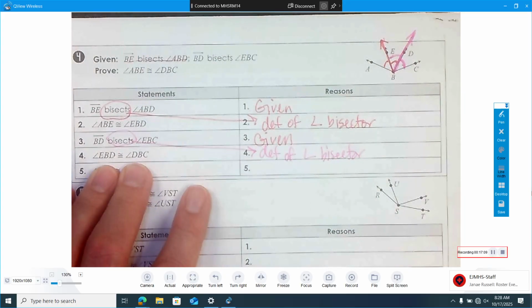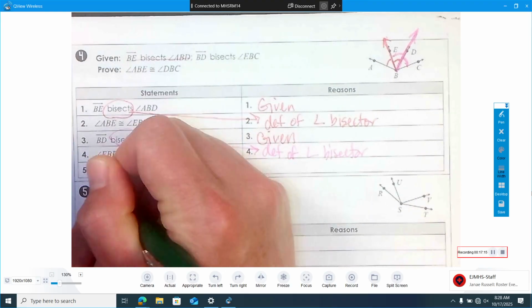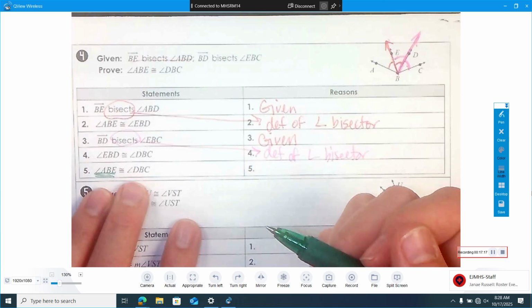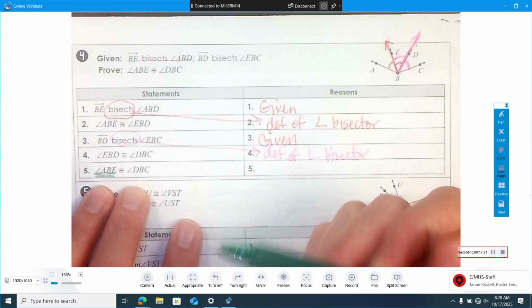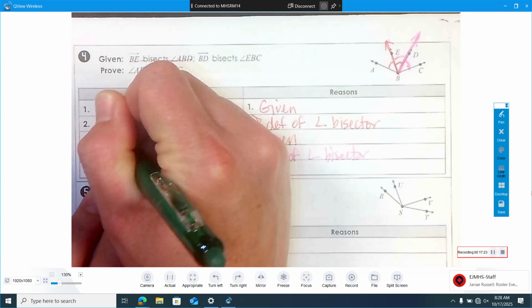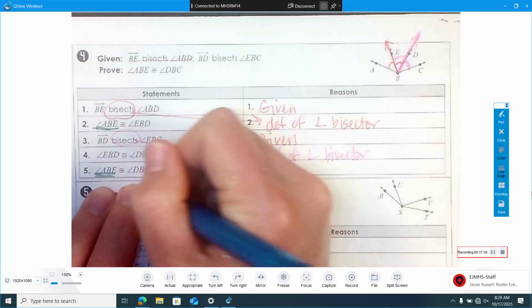Now we have another congruent statement. ABE is congruent to... Where else do you see angle ABE? Step 2, right here, angle ABE is congruent to angle DBC.